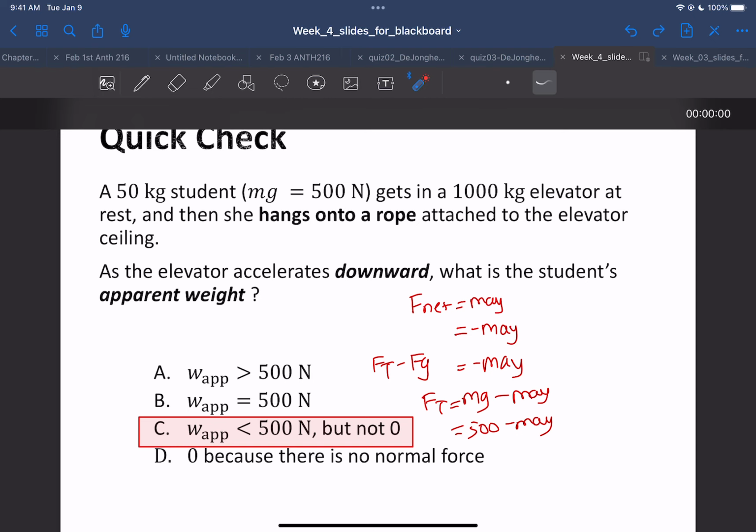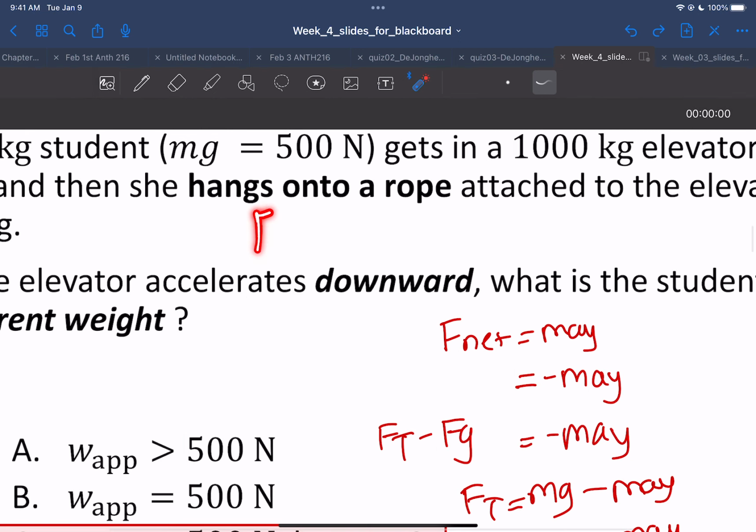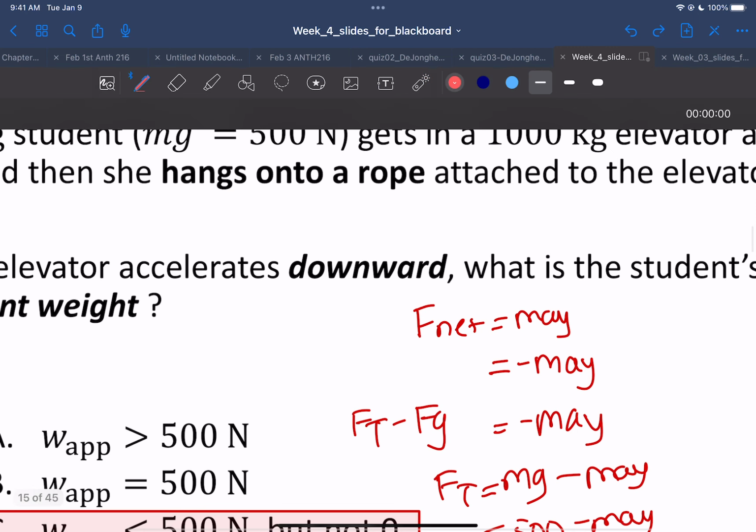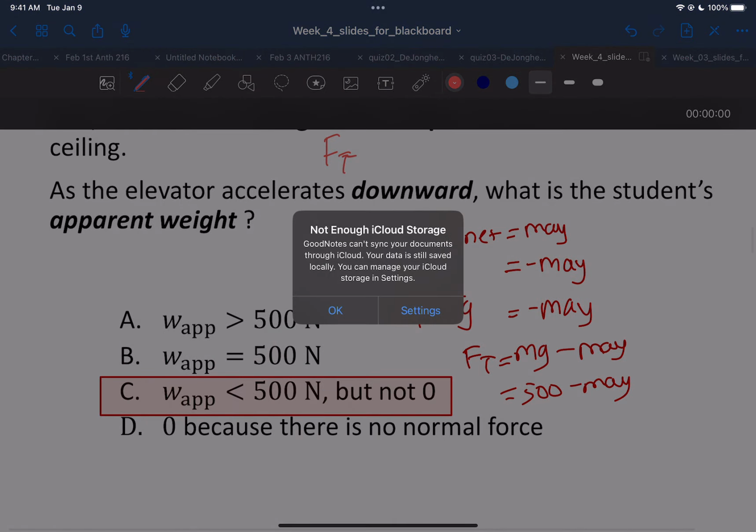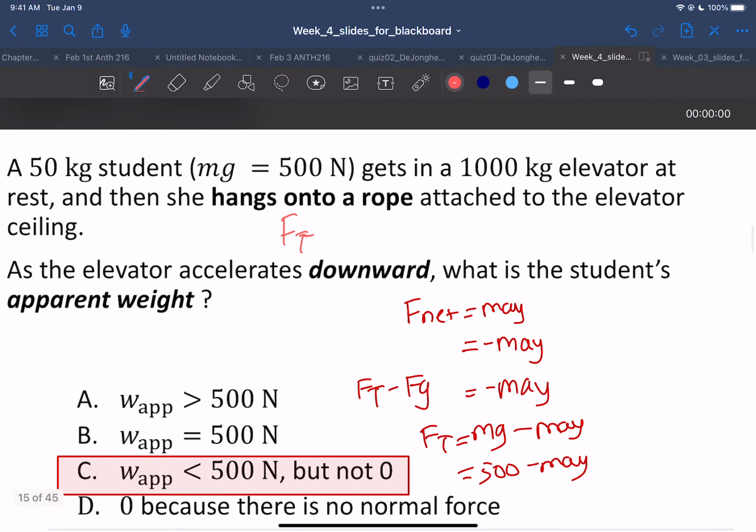Essentially, we're going to use the same method of thinking here, similar to the normal force stuff that we were doing before. Then we should have Ft, the tension force due to the rope, pointing upwards, because if she's hanging from the rope, that's what's going to be pulling her upwards. And then minus Fg, which is the weight, her force of gravity pulling her downwards.